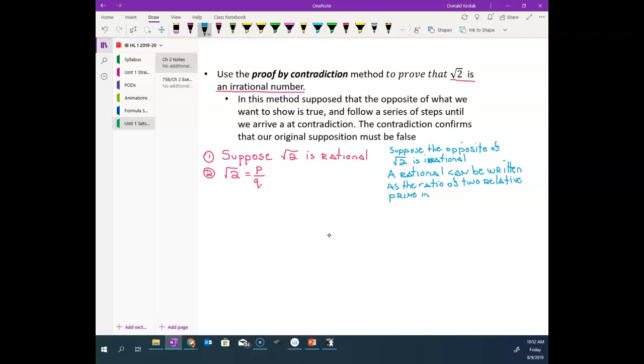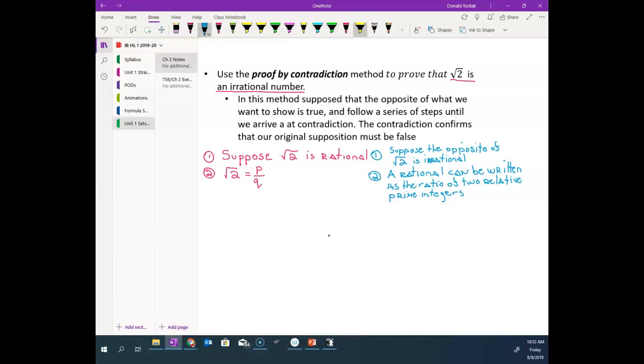Now, this is what's going to create the contradiction. So this was 1, this was 2.